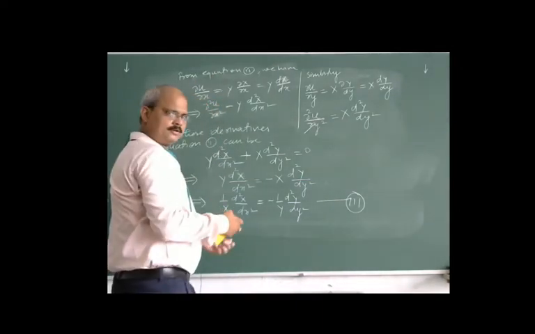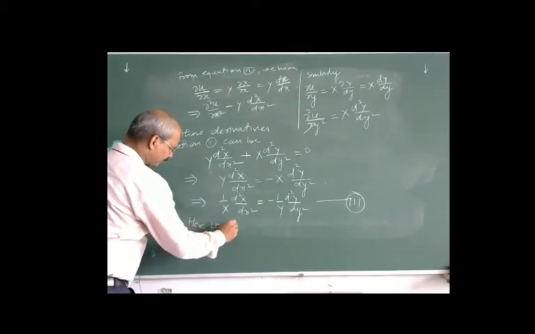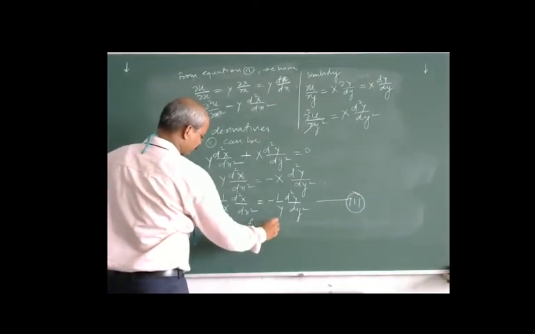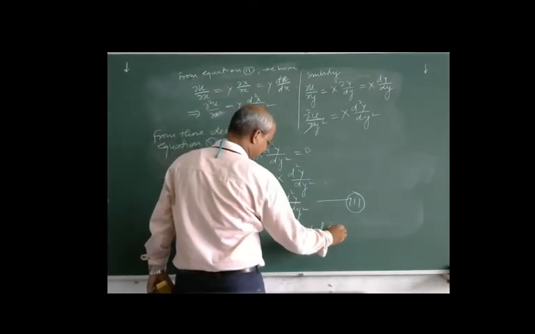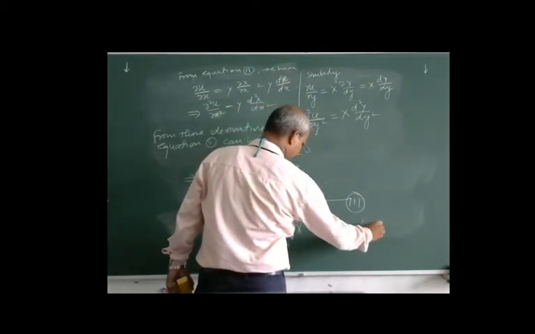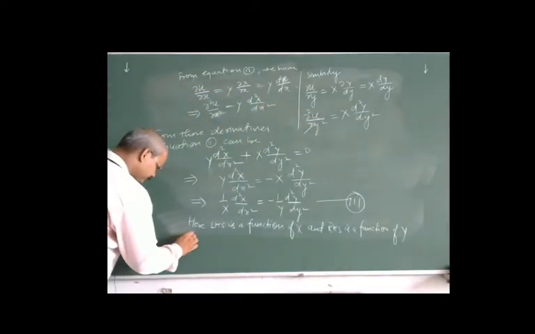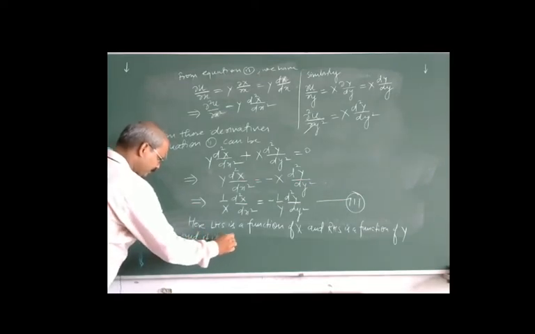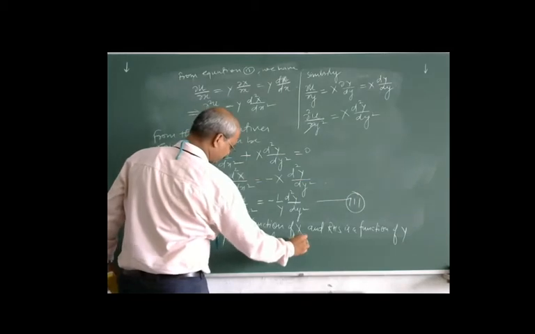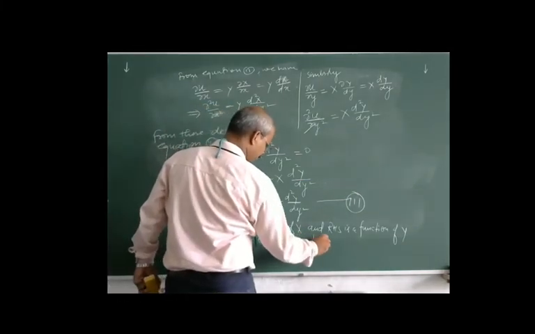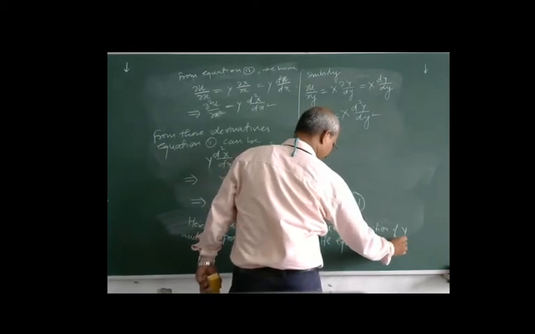So now I am going to write here: LHS is a function of x and RHS is a function of y, and it is possible only when both are equal to the same constant.